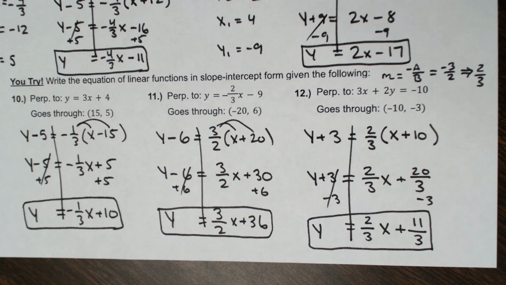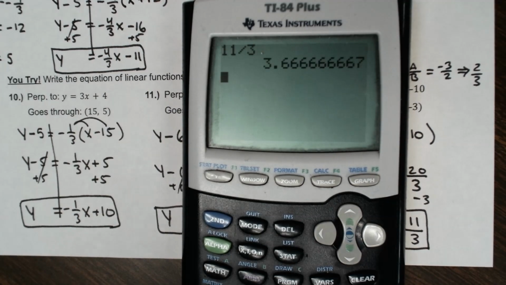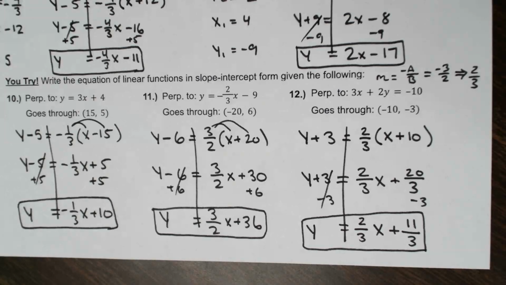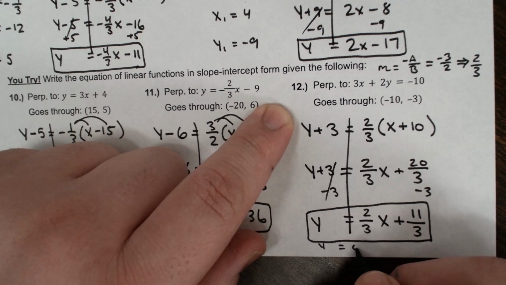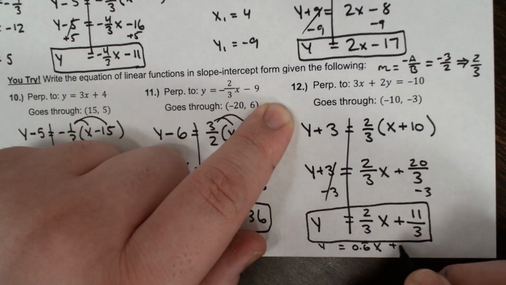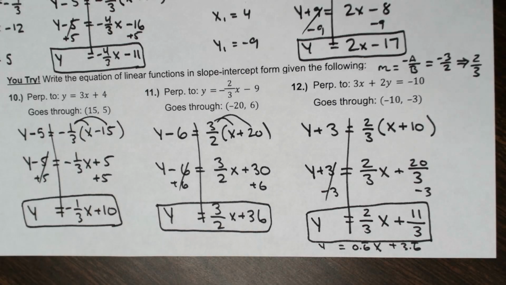Any questions? So for that last one, if you got 0.6 repeating, x plus 3.6 repeating, that's the same thing.